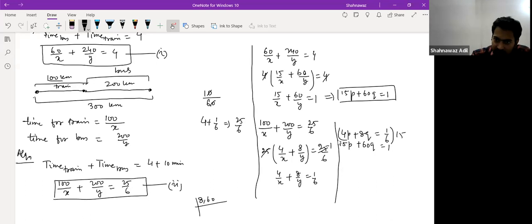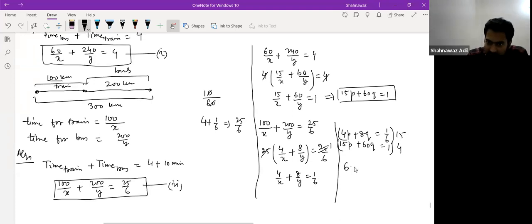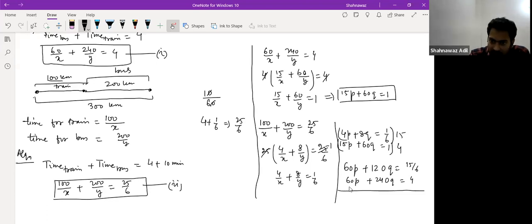This gives 60P plus 240Q is 4 and 60P plus 120Q is 15 by 6.